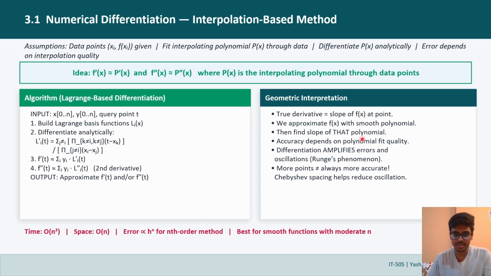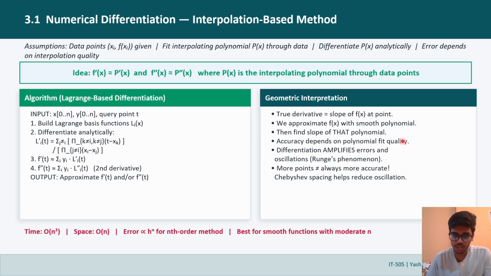Our geometrical interpretation: the true derivative is the slope of f of x at a point. We draw a smooth polynomial curve through the data points and then measure the slope of that curve instead. The accuracy depends on how faithful the polynomial is to the true function.